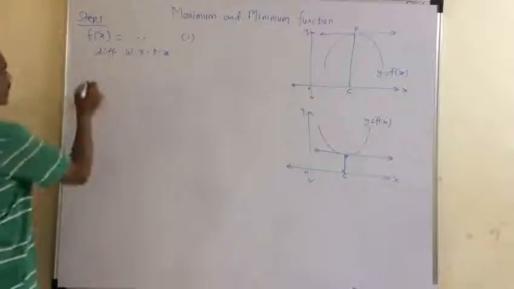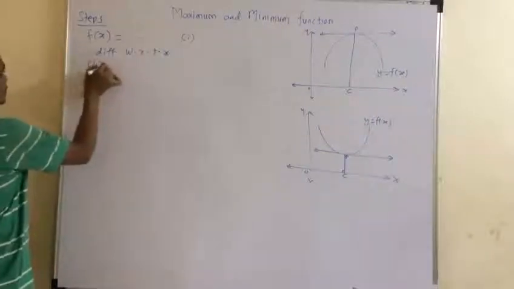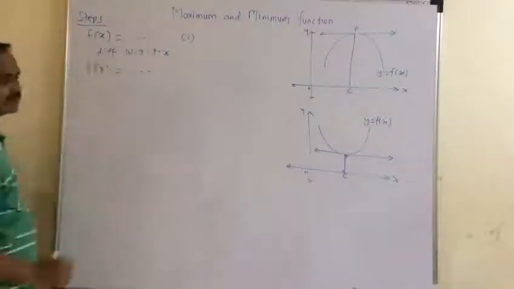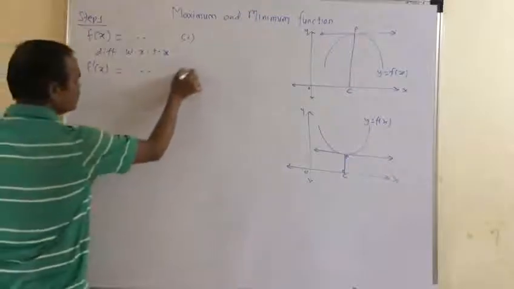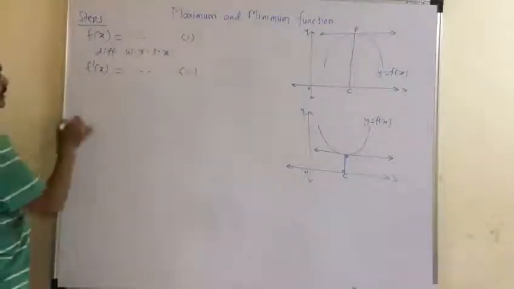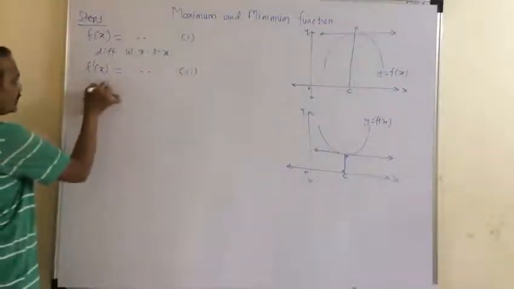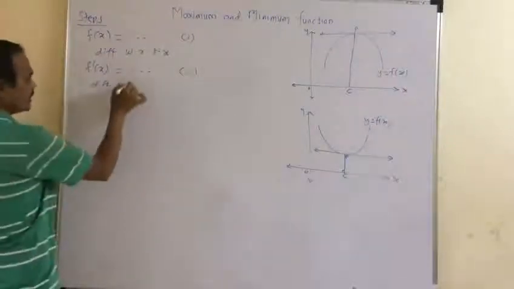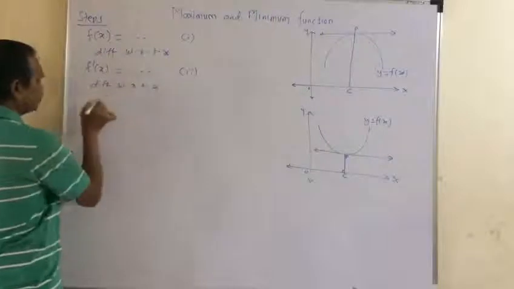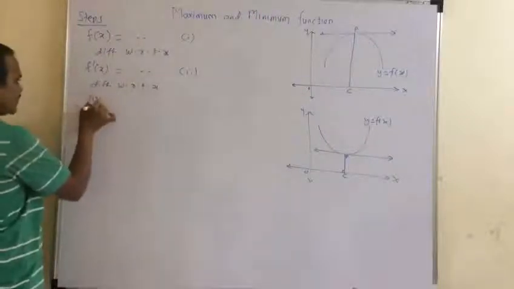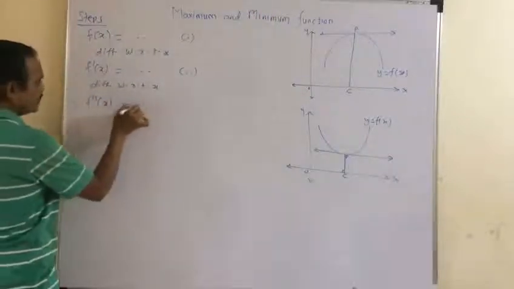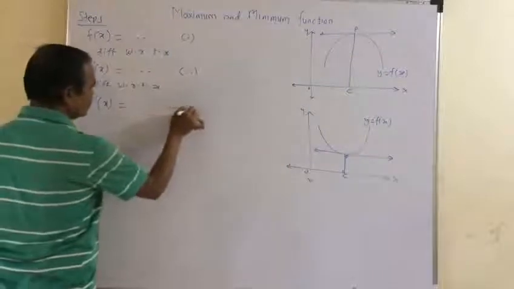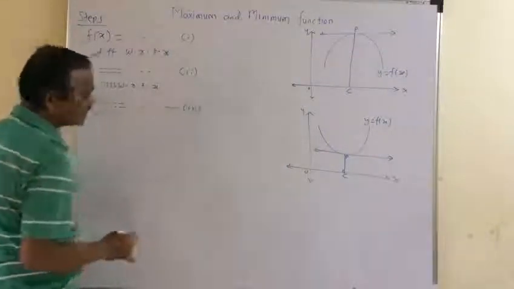We get f dash x. Now this is equation second. Again we differentiate this second derivative with respect to x. We get the second derivative. Say this is our equation 3.